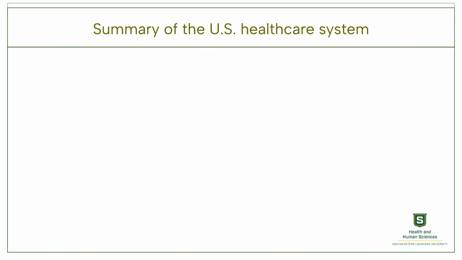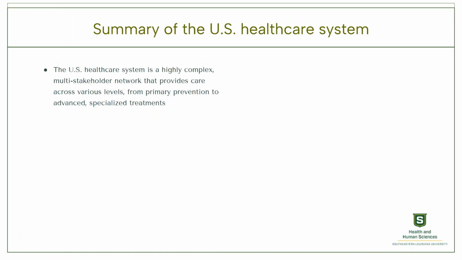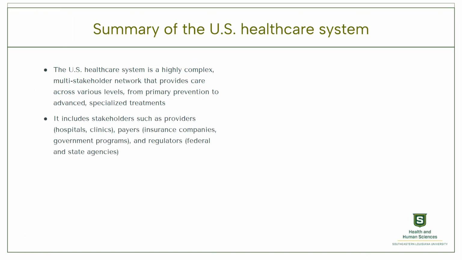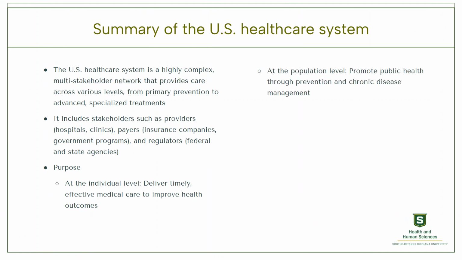So, in summary, the US healthcare system is very complex. It's a multi-stakeholder network, with the provider, the payer, and the regulators all holding power in it. But it does have a purpose: at the individual level, delivering timely healthcare, and at the population level, promoting public health through prevention and chronic condition management.